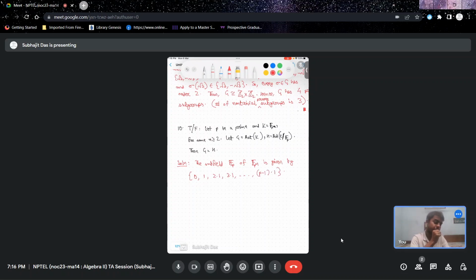You can check easily that this is a subfield, and p times 1 is again 0 because the field has characteristic p.